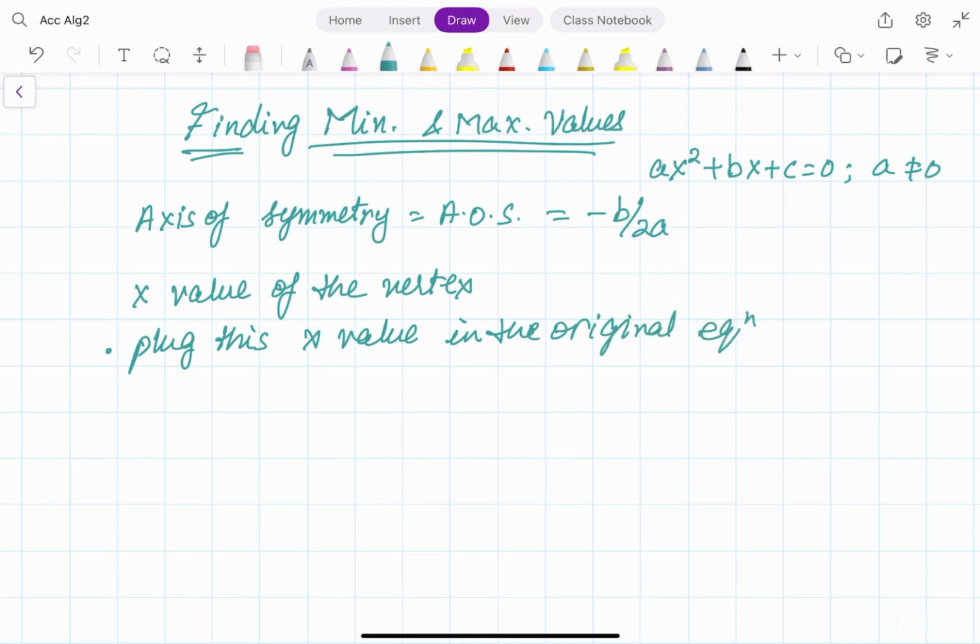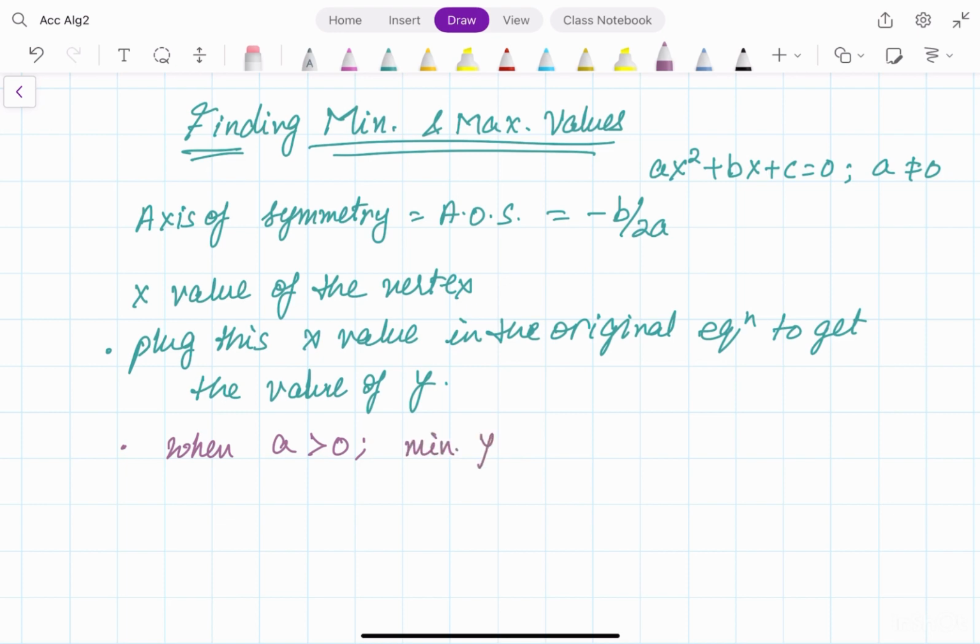Also, we have talked about how, just by looking at the equation, you can understand whether it will give you a minimum value or the maximum value. So the rule is something like this. Let me rewrite it again. When a is greater than 0, now a is the leading coefficient, right?